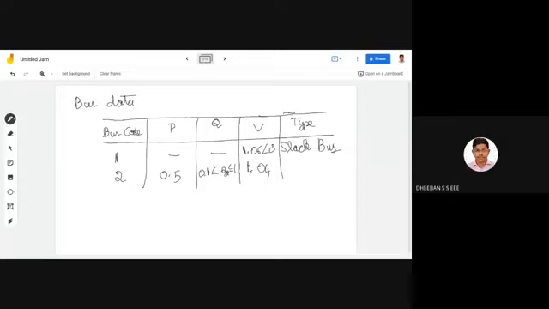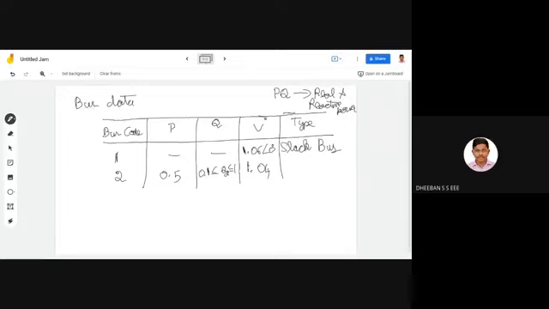Just make it clear, okay? Load bus is the PQ bus. For your PQ bus, what are the given quantities? Your real power and your reactive power, right? And here you have to see the voltage.